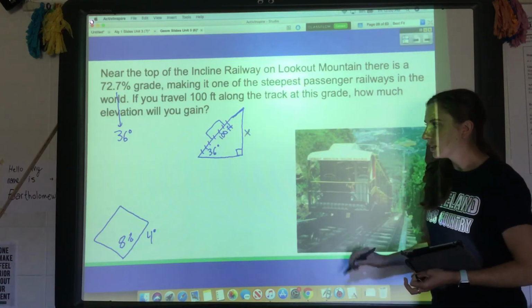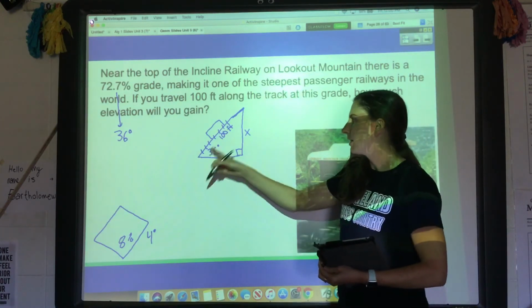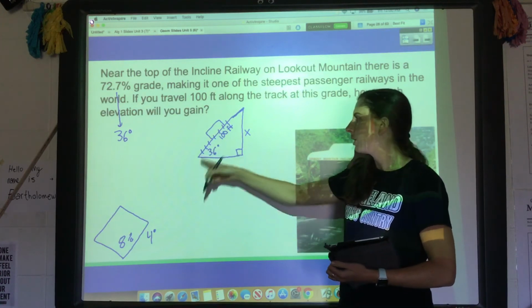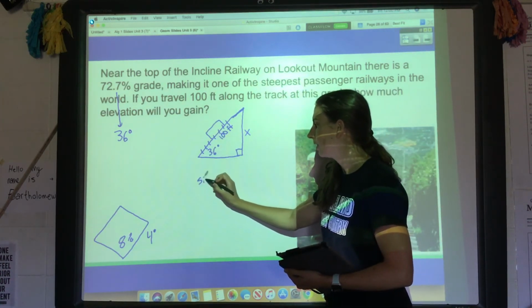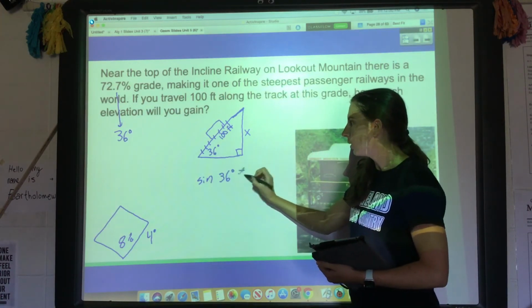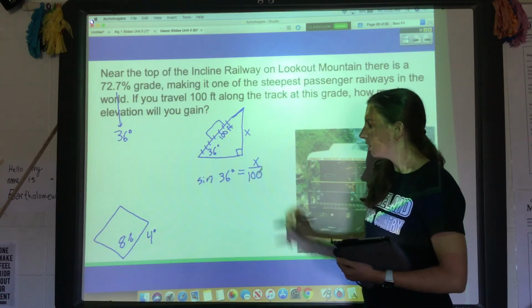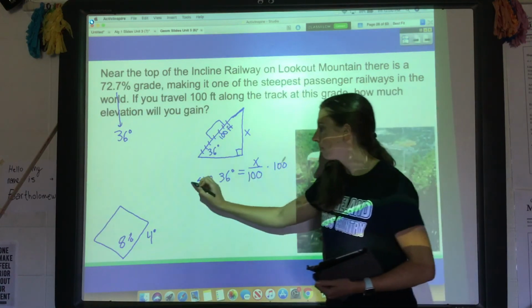Okay, once again, we can use trig to solve this problem. That's the opposite side, and this is the hypotenuse. The one that has to do with opposite and the hypotenuse is sine. So the sine of 36 degrees equals x over 100, opposite over hypotenuse. And then to solve for x, just multiply by 100.